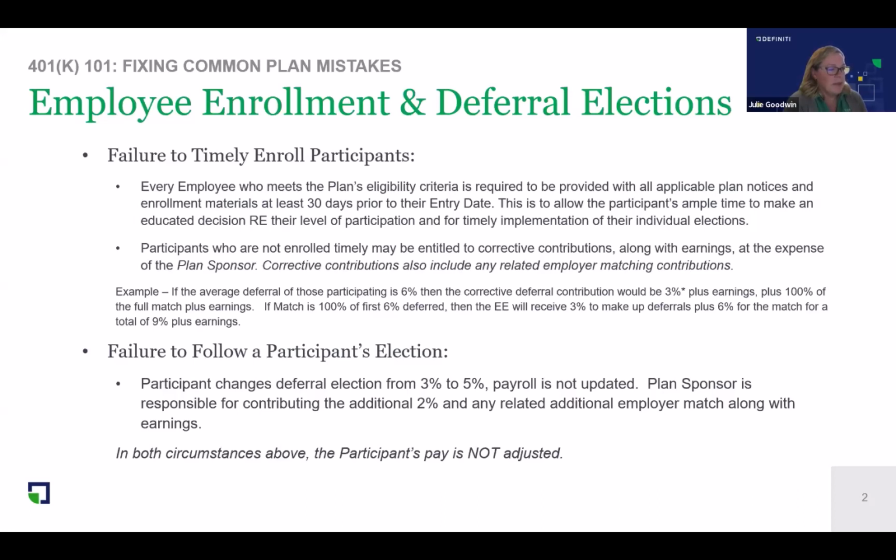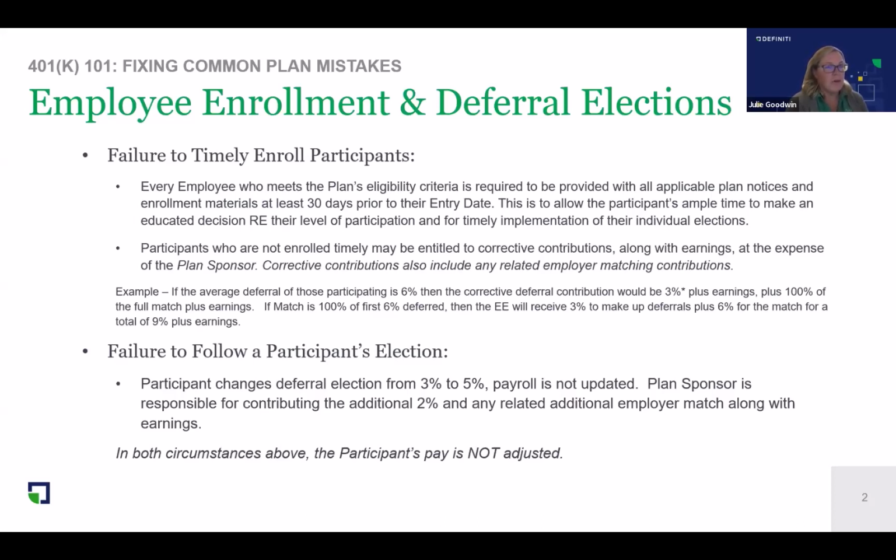So if the rate she gets is 3%, then she will also get the full match. This would be a 9% contribution, and this money does come from the plan sponsor. This does not go back. You do not rerun it through a payroll system. You do not withhold it from her paycheck. This is a contribution out of your pocket.